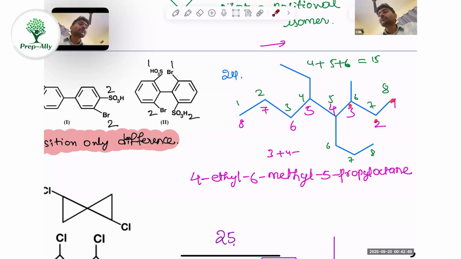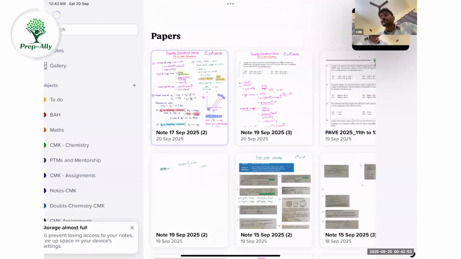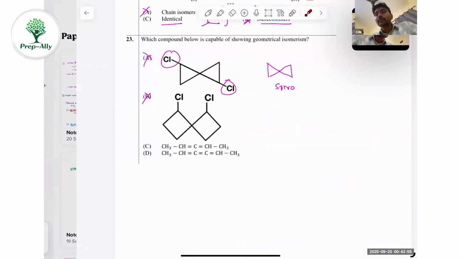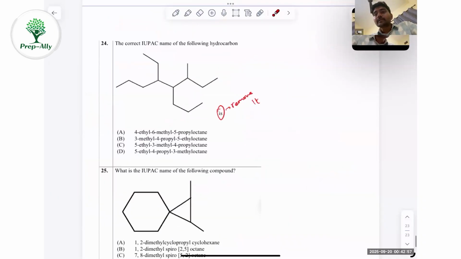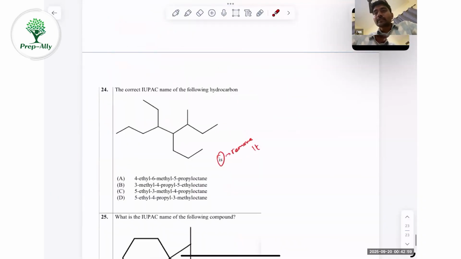1, 2, 3, 4, 5, 6, 7, 8. We'll check the question, what they have given. So the given question is, the IUPAC name of the following hydrocarbon. 1, 2, 3, 4, 5, 6, 7, 8. As I told you, the lowest sum should be there.